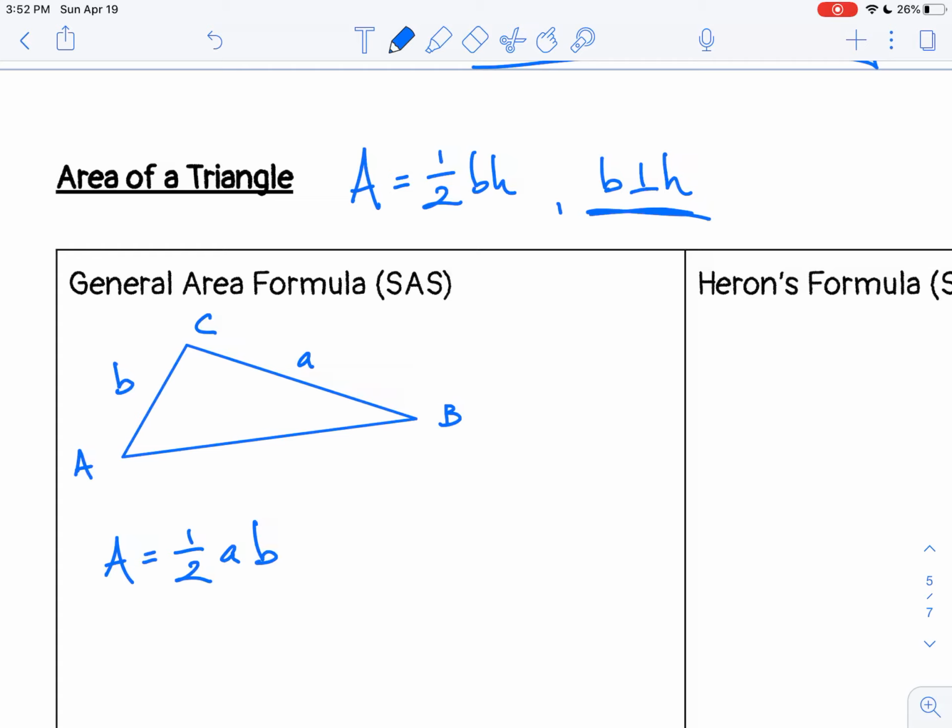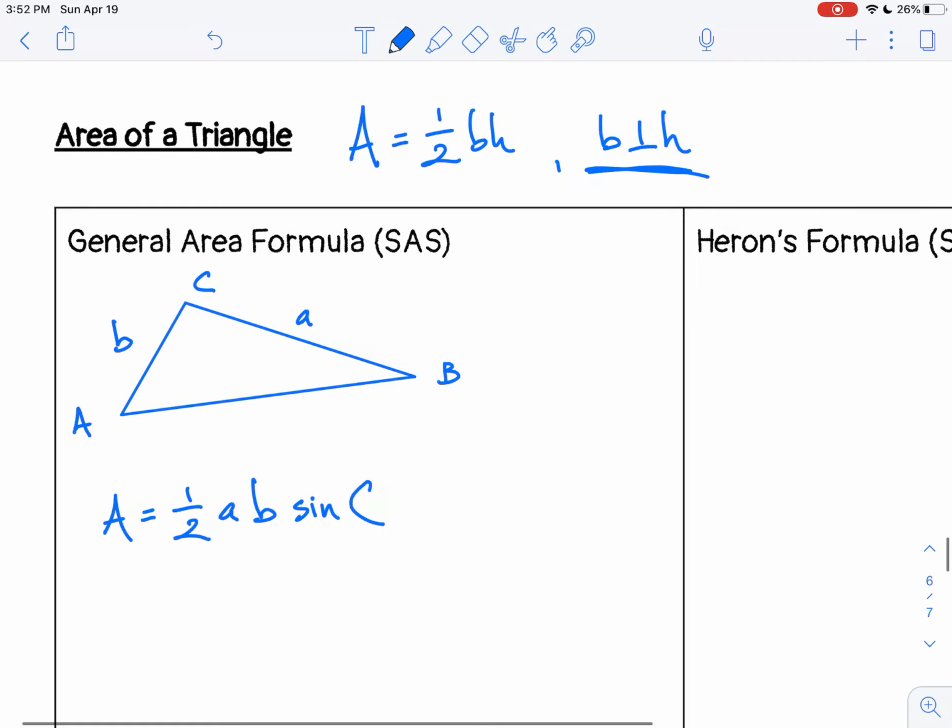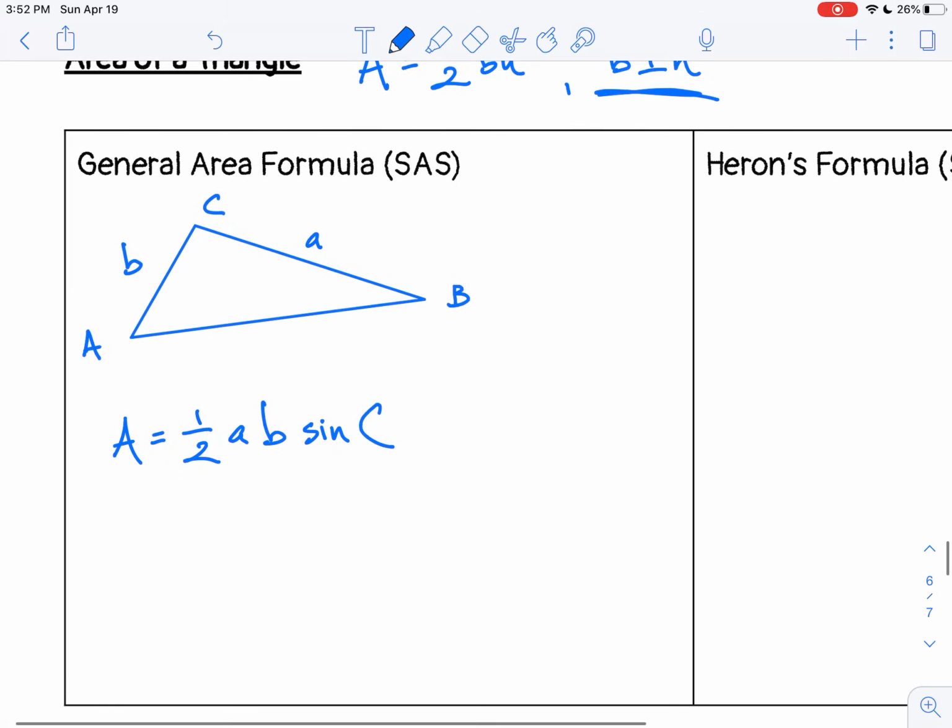It looks like that 1/2 base times height, but we might not know that A and B are perpendicular. To compensate for that, we're really doing 1/2 ab times sine C. So whatever angle is in between A and B, if you multiply the sine of it into the area formula, then you'll get the area of a non-right triangle.